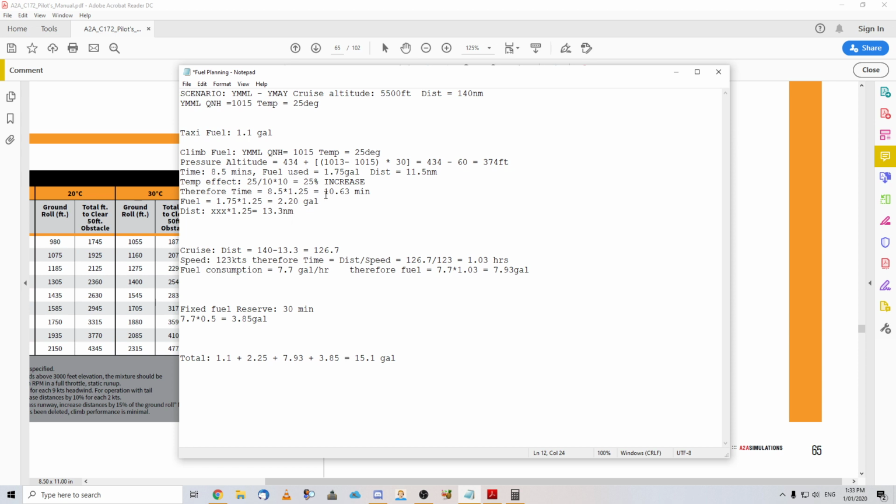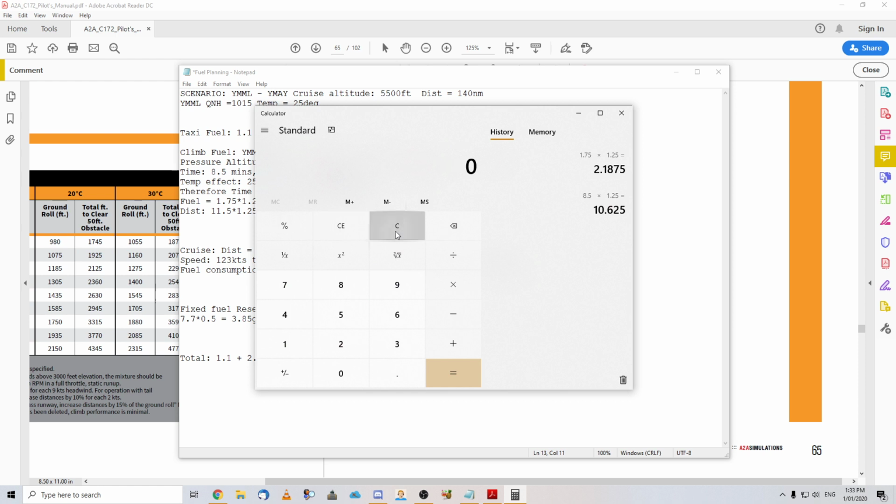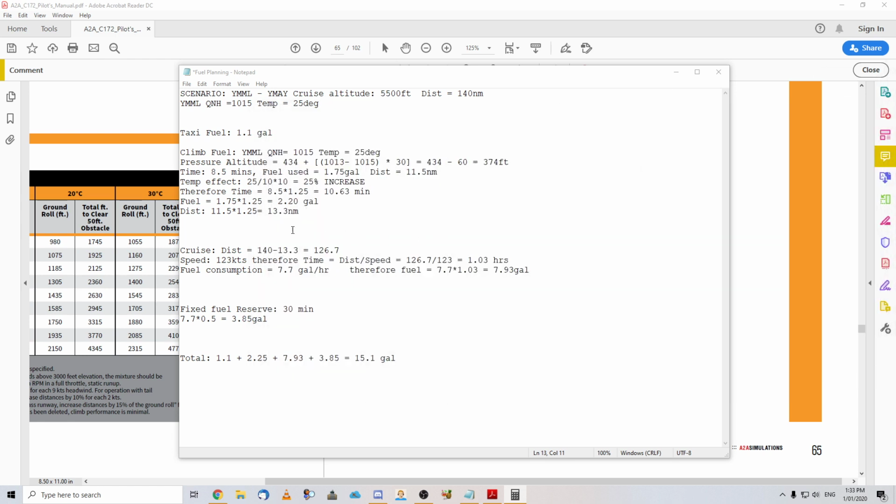And the distance is going to be 11.5 times 1.25. 14.4.